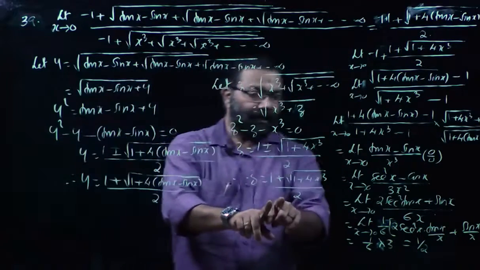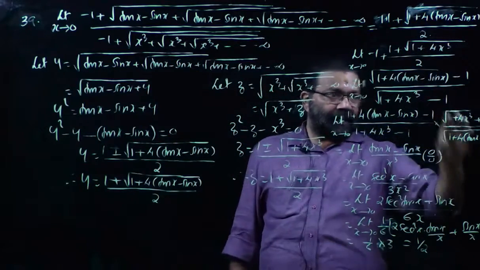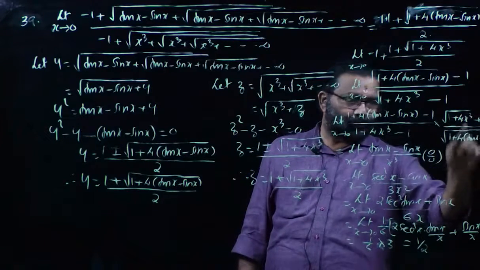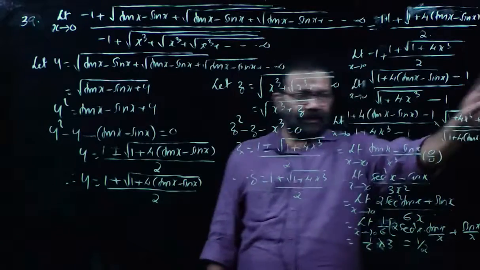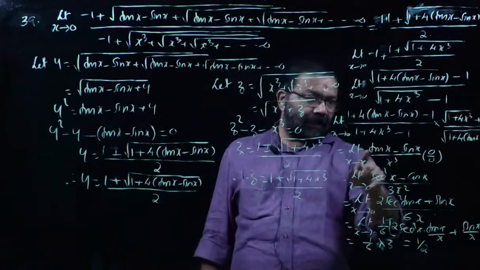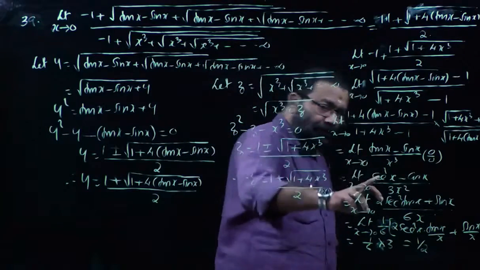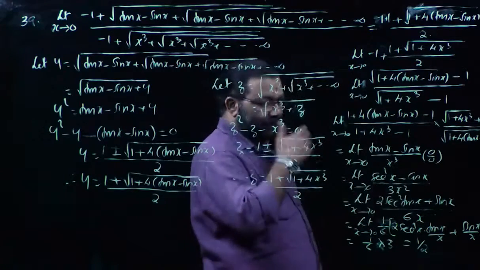Same thing happens over here. Substituting over here, then we are rationalizing, and this quantity as x tends to 0, 4x cube is 0, 1 plus 1, 2. Tan x minus sin x is 0, 1 plus 1, 2, 2 by 2, 1. So that removes. That leaves tan x minus sin x by x cube where x tends to 0. So tan x has the derivative secant square x, sin x has the derivative cos x, by 3x square.